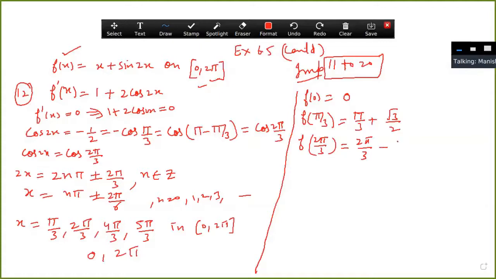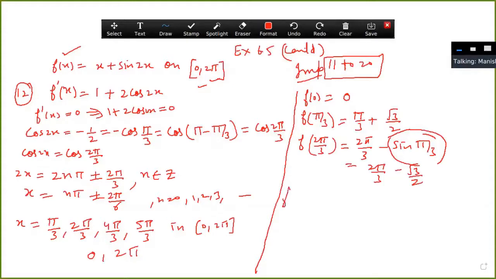That becomes minus sin pi by 3. After simplifying according to the quadrant, this becomes 2 pi by 3 minus root 3 by 2.